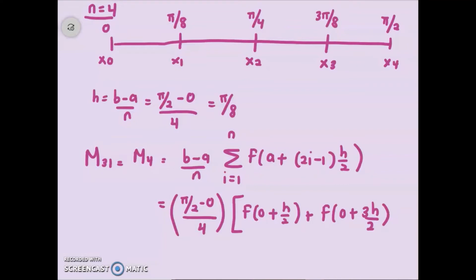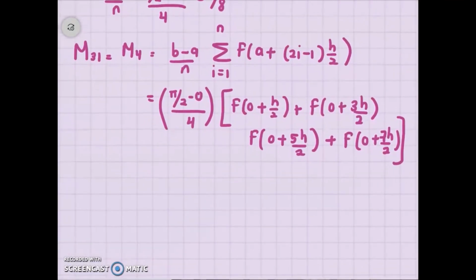Now for i is 3, we have 3 times 2, 6 minus 1, f of 0 plus 5h over 2, plus f when i is 4, 4 times 2, 8 minus 1, 7, 0 plus 7h over 2.